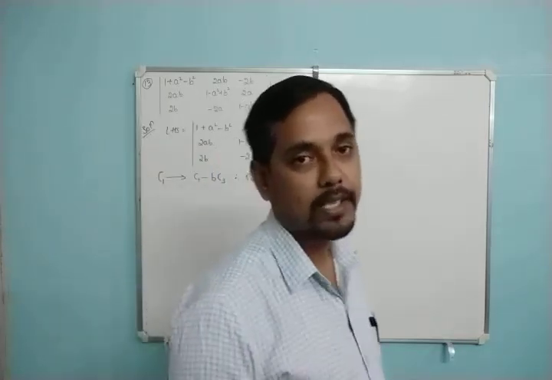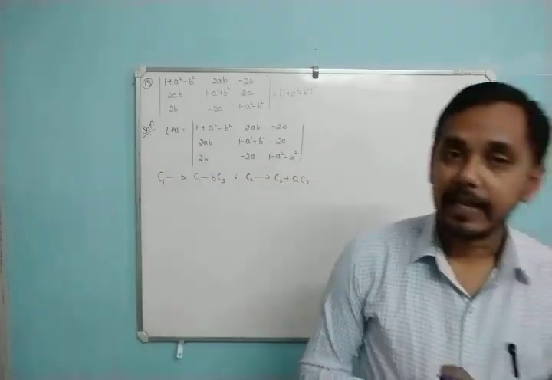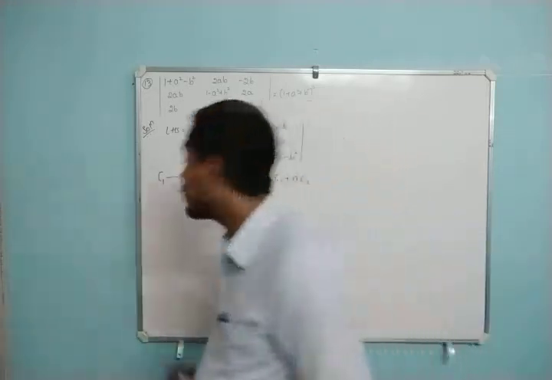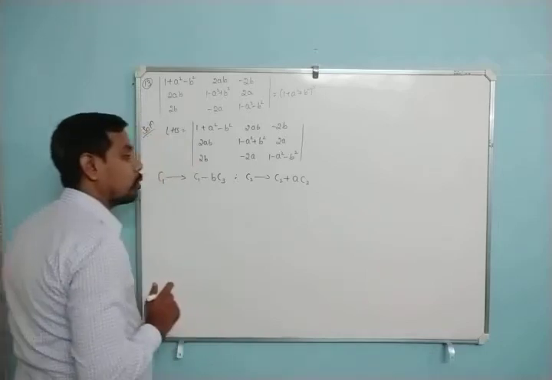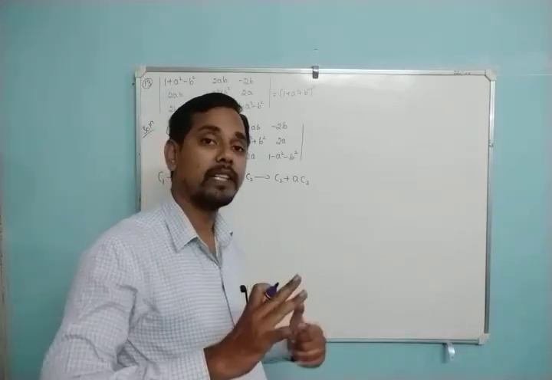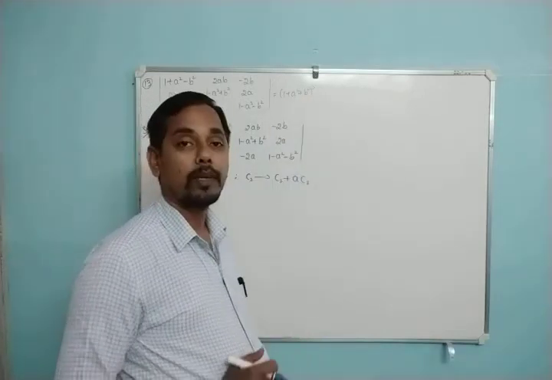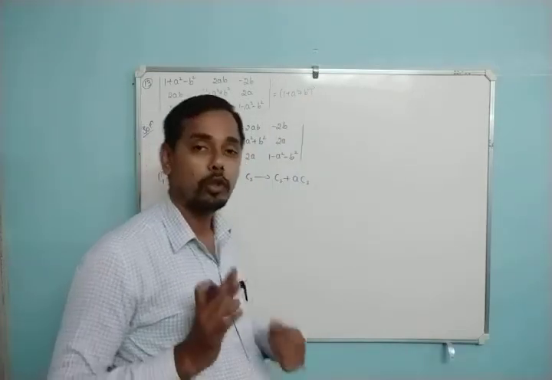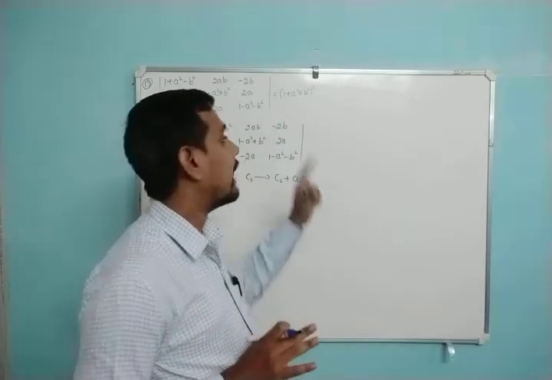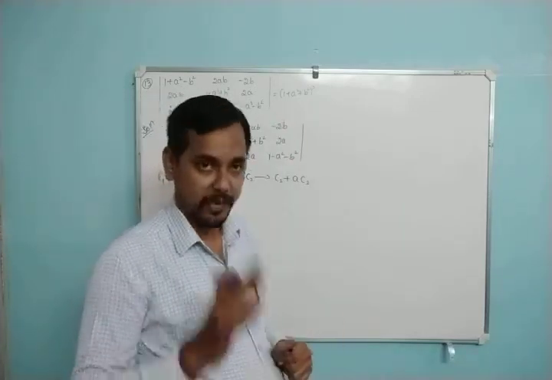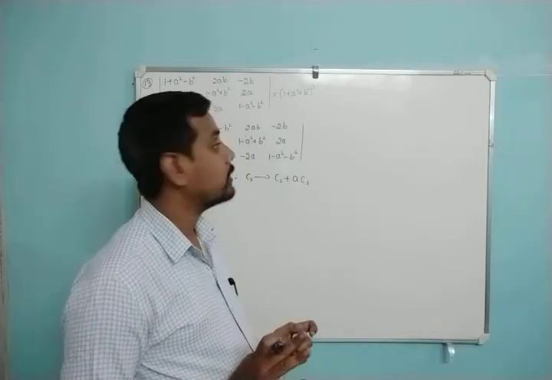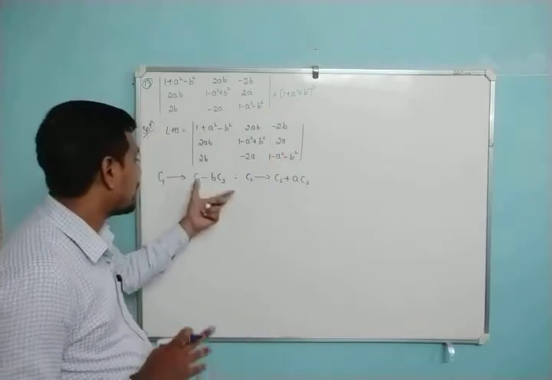C1 changes as C1 − b into C3 and C2 changes as C2 + a into C3. So why have I done this? Because something I should take common. What should that something be? That should be 1 + a² + b². So I should apply certain transformations which will make an entire row or column as 1 + a² + b². So to get this one, I am applying this.